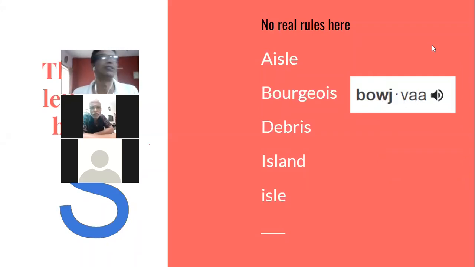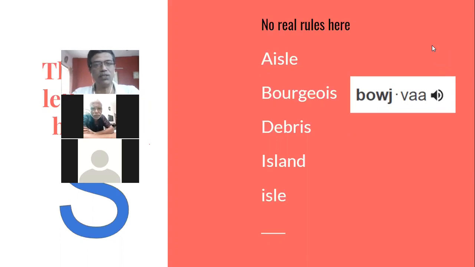Bourgeois is something like what we can say in English as middle class or upper middle class people who have money. They have newly acquired wealth. That is bourgeois. And then we have got debris. It is not debris with an S sound. Debris, island, and isle.